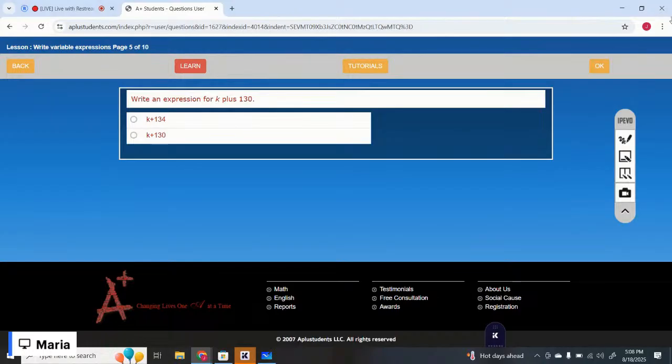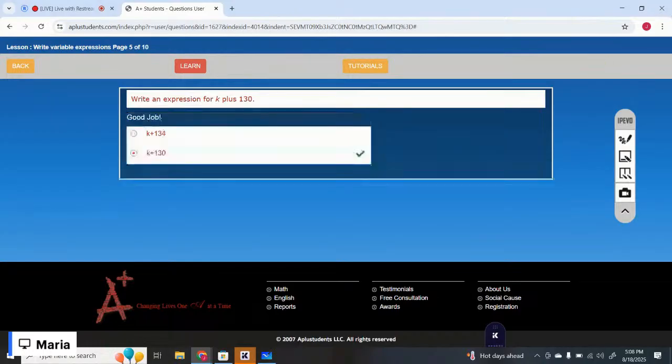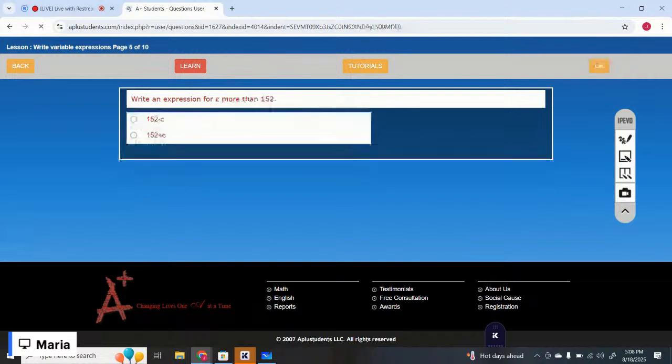Option number 2 is the correct option, that is k plus 130. Write an expression for c more than 152. That is 152 plus c.